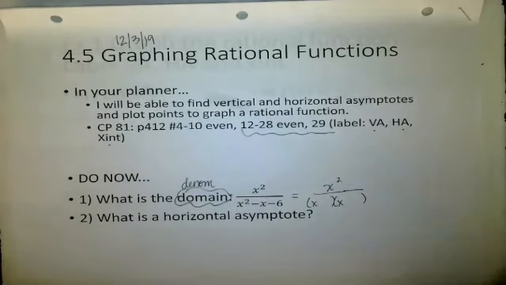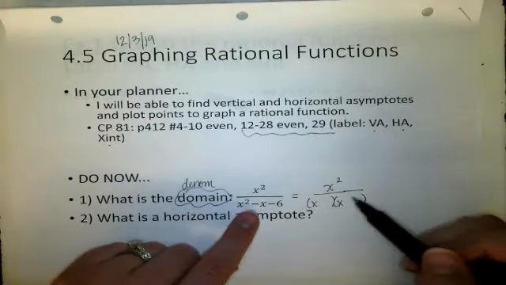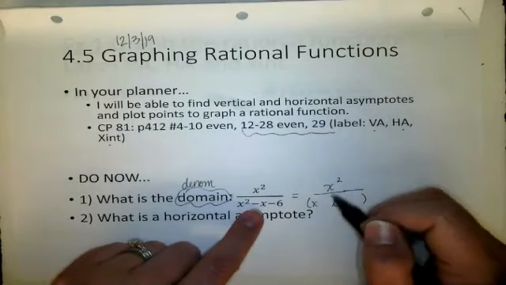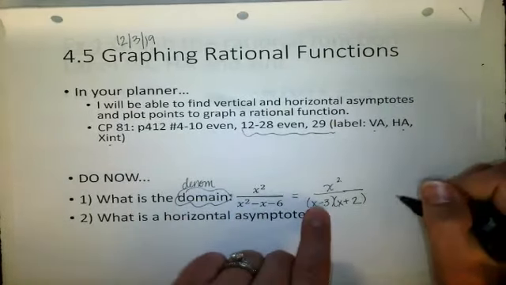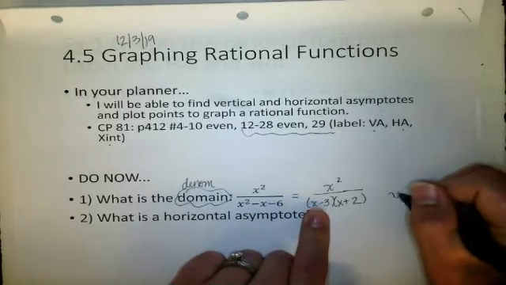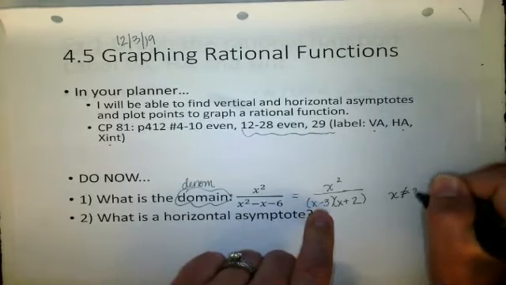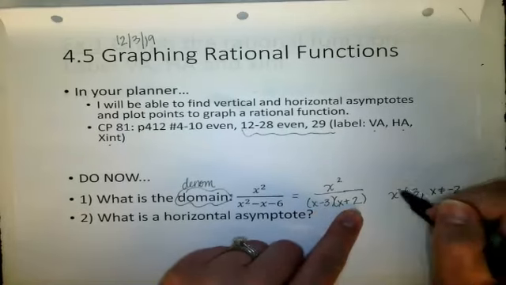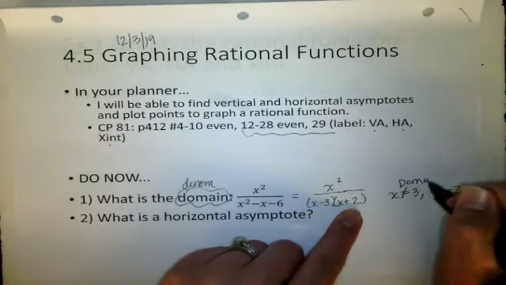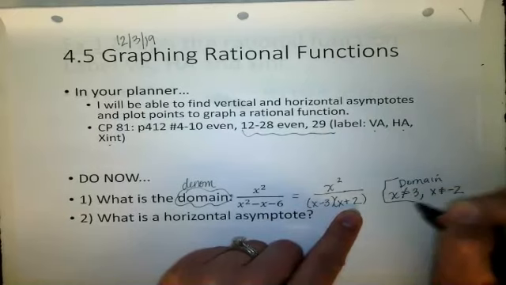It's going to tell us so much information about the graphs. And so -6 would be a -3 and a +2. And from those bubbles, we can see the domain: x cannot equal +3 and x cannot equal -2. This is the domain. All the other x values work.